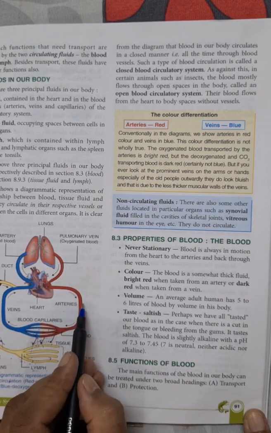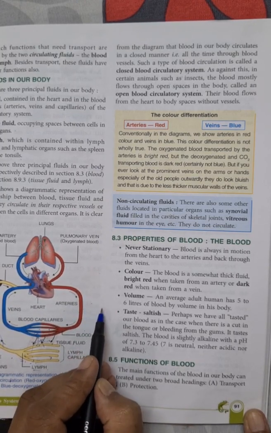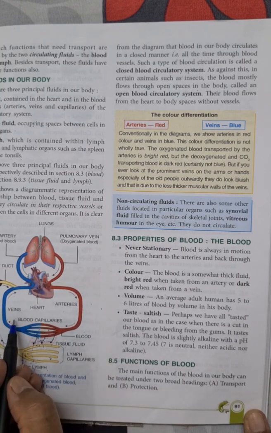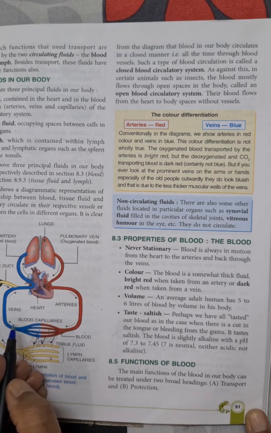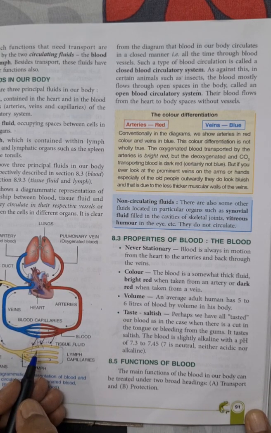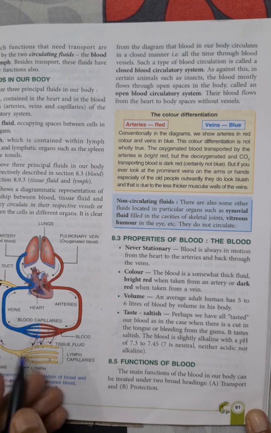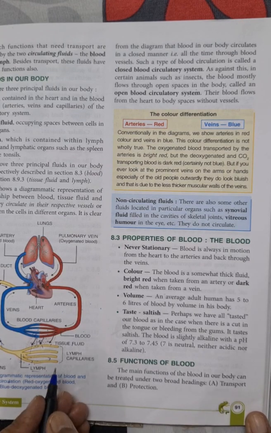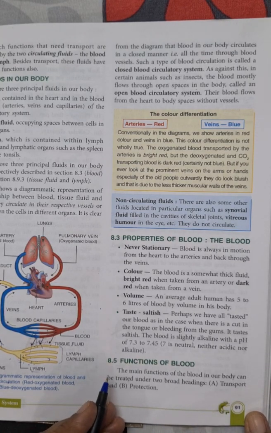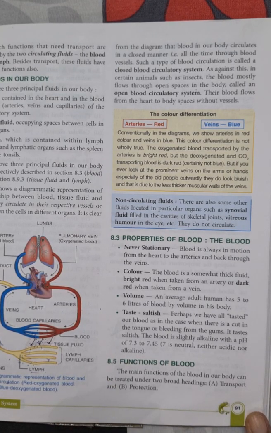In arteries it is bright red as it is oxygenated, and in veins it is deoxygenated, so it is dark red in color. But if we look at the veins of our arms and legs, they appear blue. Now why is it so? This is because the color we see is the result of the wavelength of light which is reflected back to our eyes.